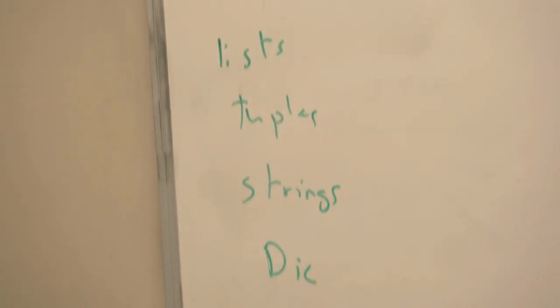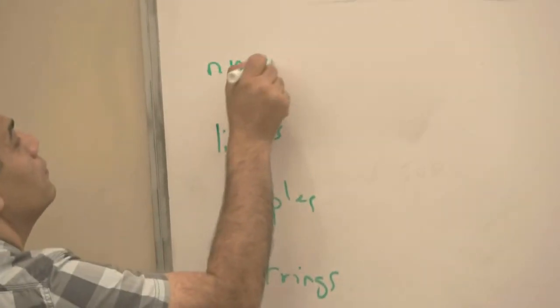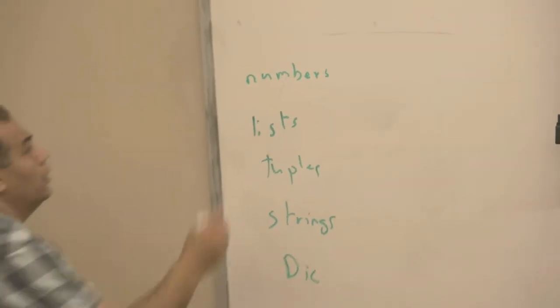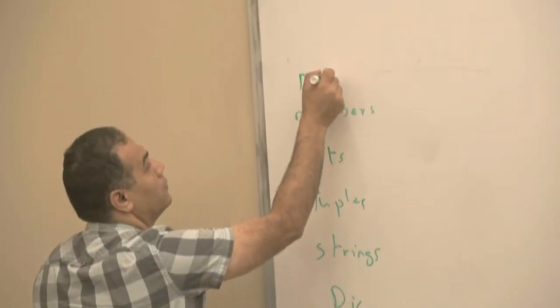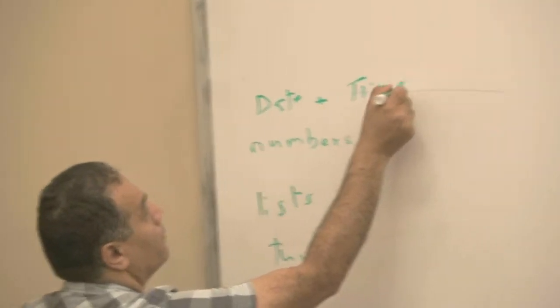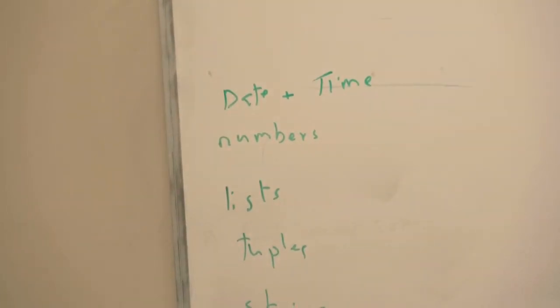And maybe we started with numbers, although they are not containers, and date plus time. That's what we covered last time.